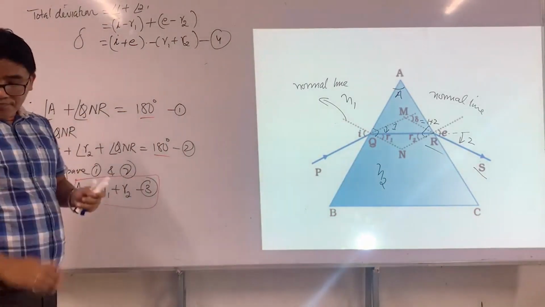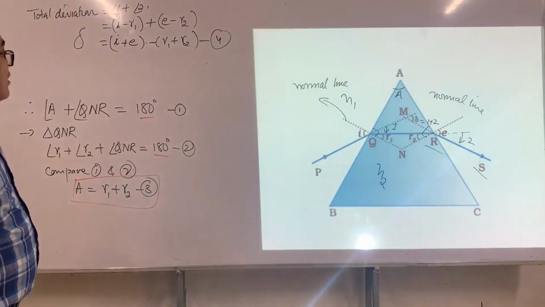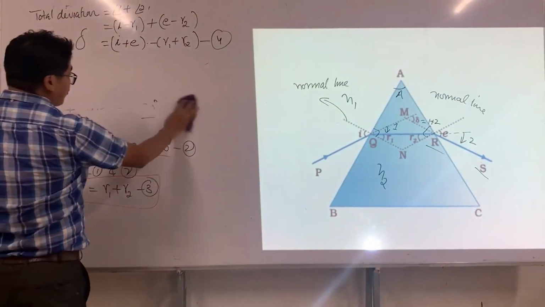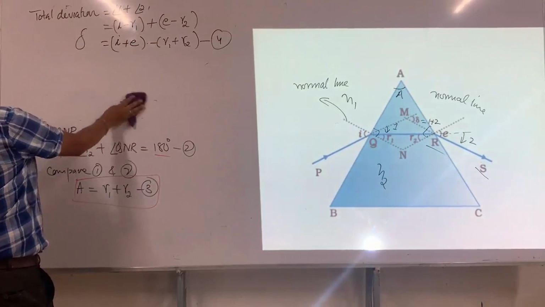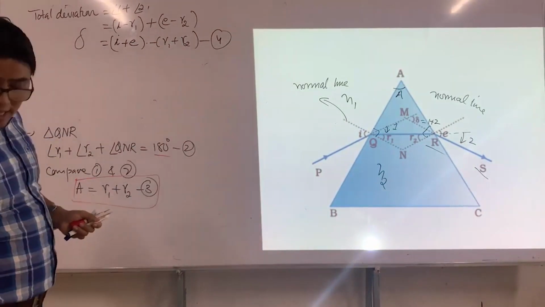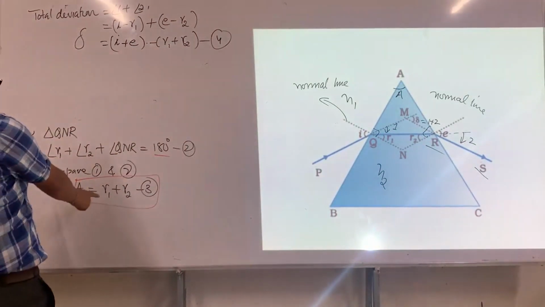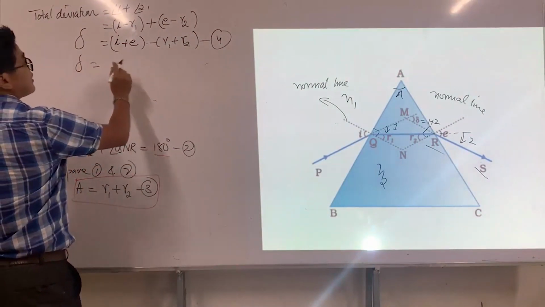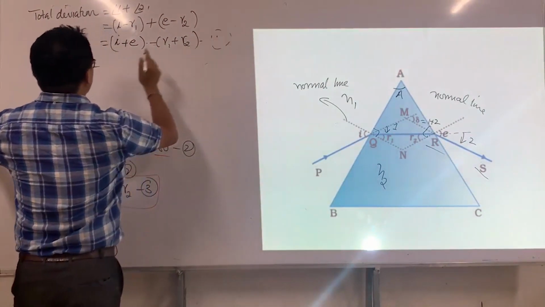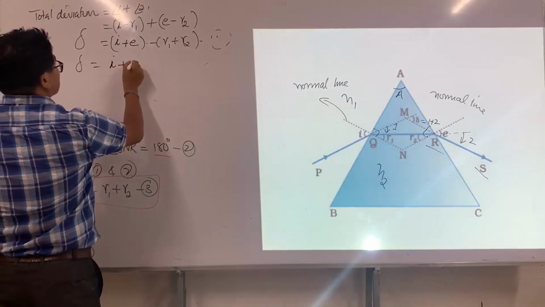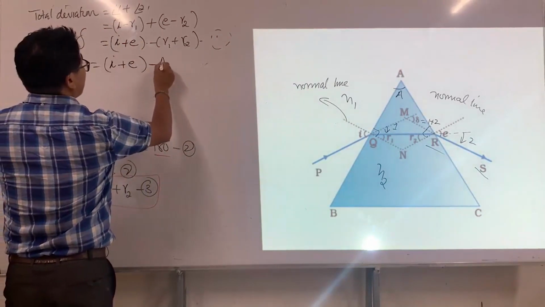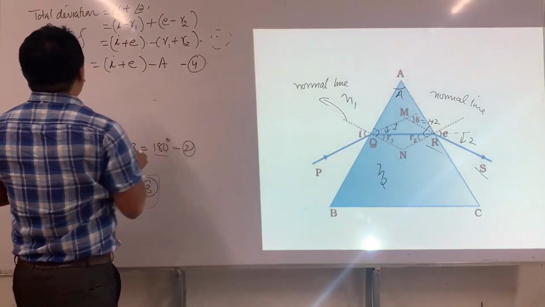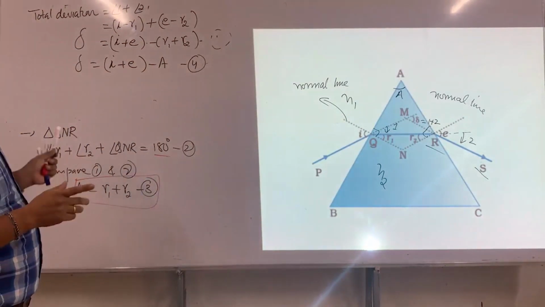Now look here. I'm going to choose one condition. Looking at this angle of deviation, I say that R1 plus R2 is A. So I reduce this: the deviation is I plus E minus A, equation number 4. Now look here.